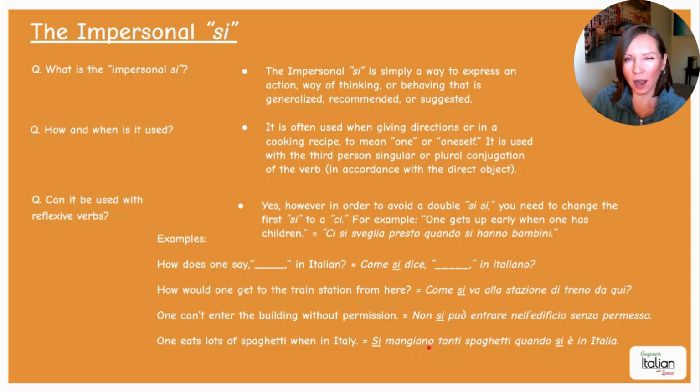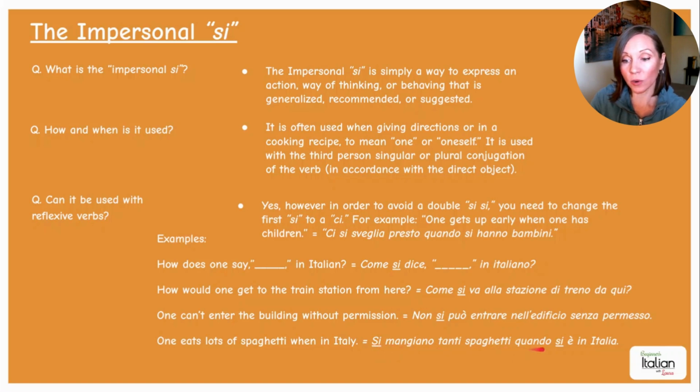And you're wondering, why are you using the plural form? Well, it's because if you look back up here, it says in accordance with the direct object. So in this case, the direct object is spaghetti, tanti spaghetti, which is plural. So you have to use a plural verb here. So si mangiano tanti spaghetti.